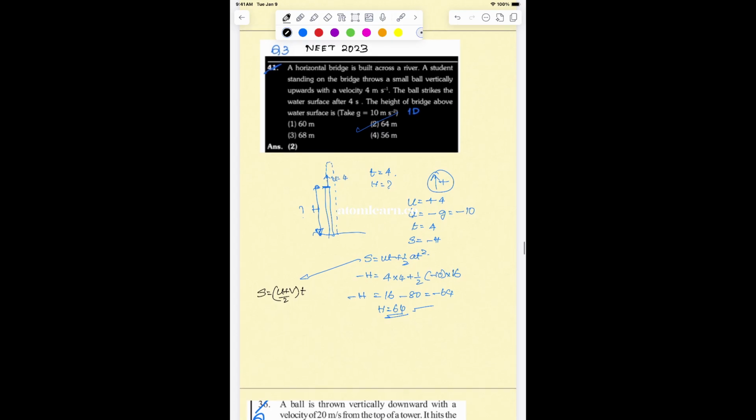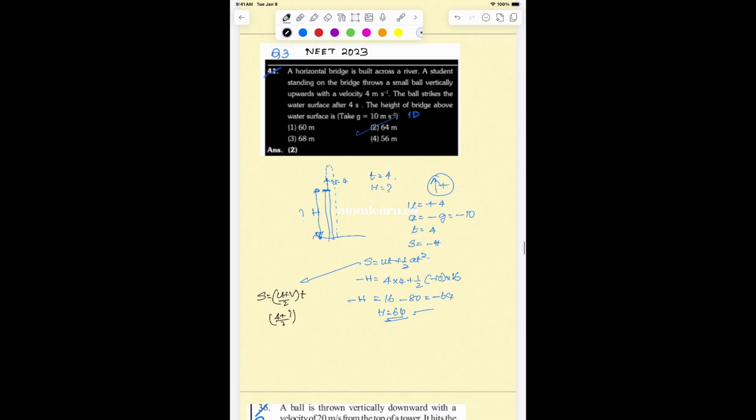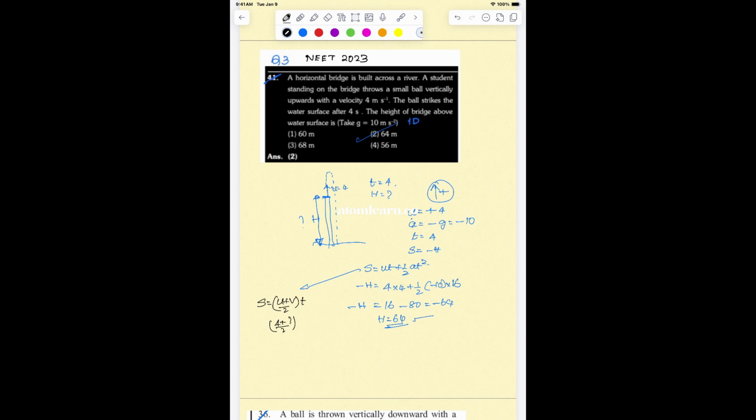In this case, s is equal to minus h, which I have to find out, whereas u I know is 4. What the final velocity is when it reaches the water, I don't know. But I can do it mentally. The total time taken is 4 seconds. Therefore, within 4 seconds there will be a change of velocity.